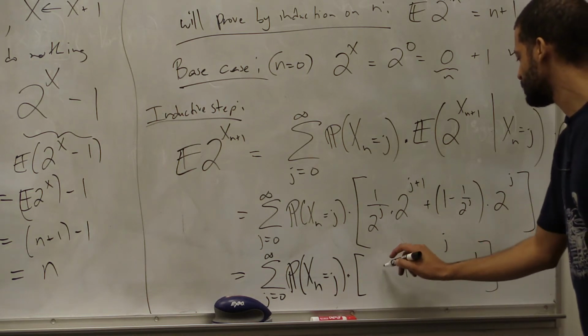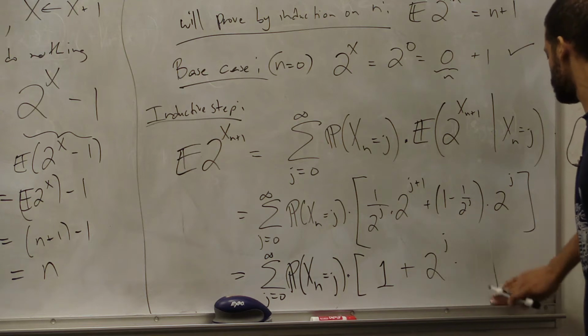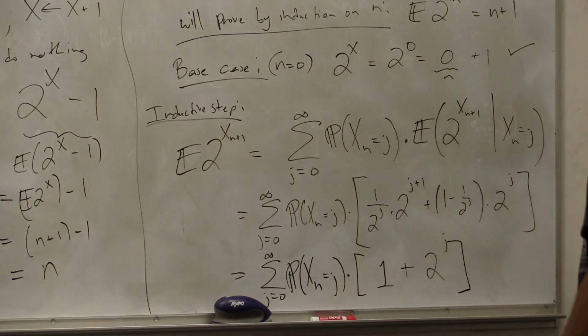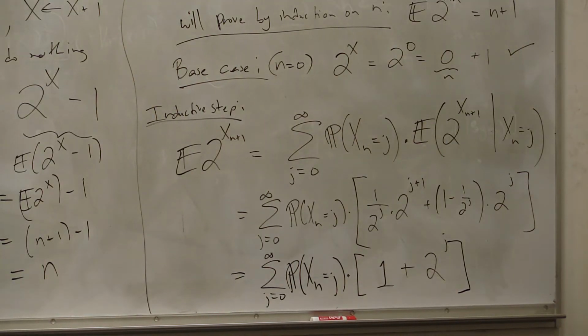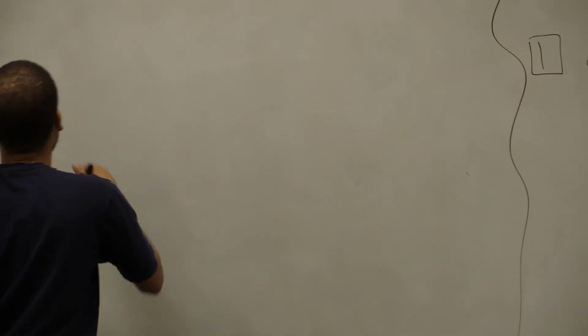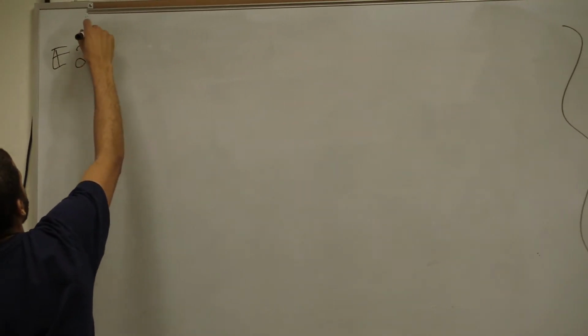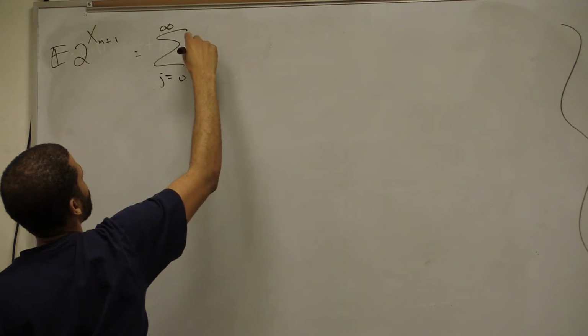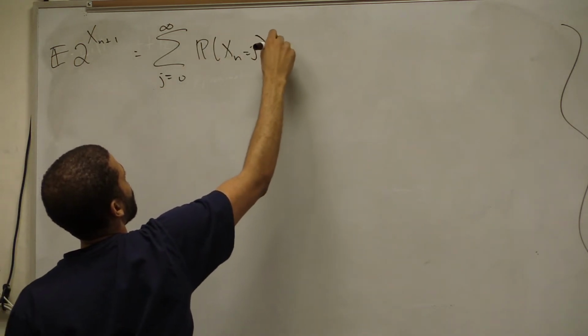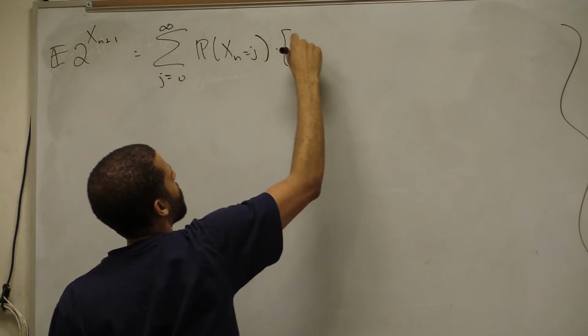So the expectation of 2 to the xn plus 1 is the sum of the probability that xn is equal to j times 1 plus 2 to the j.